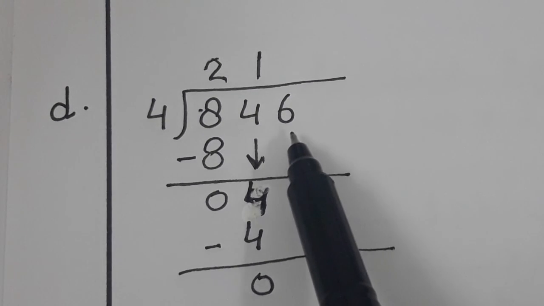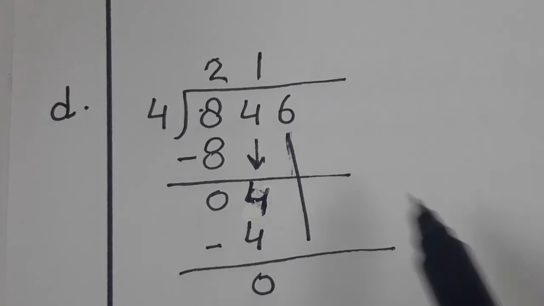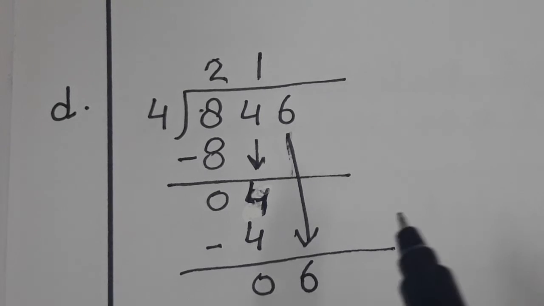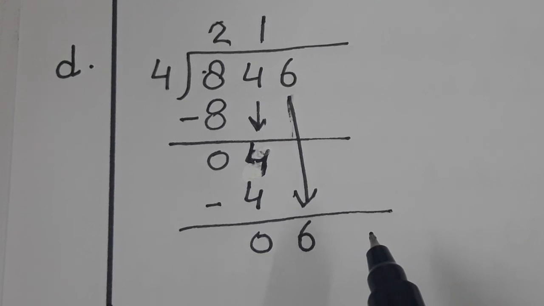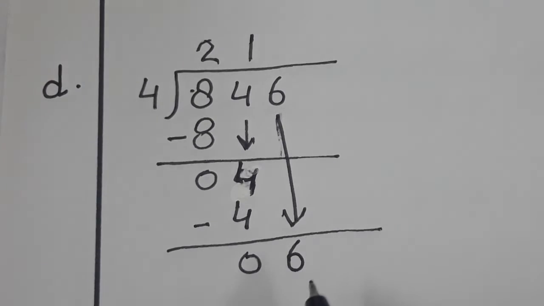Now again this number will come down, 6. And in the table of 4 there is no answer 6. 4 ones are 4, 4 twos are 8, 4 threes are 12. So we will write 4 ones are 4.